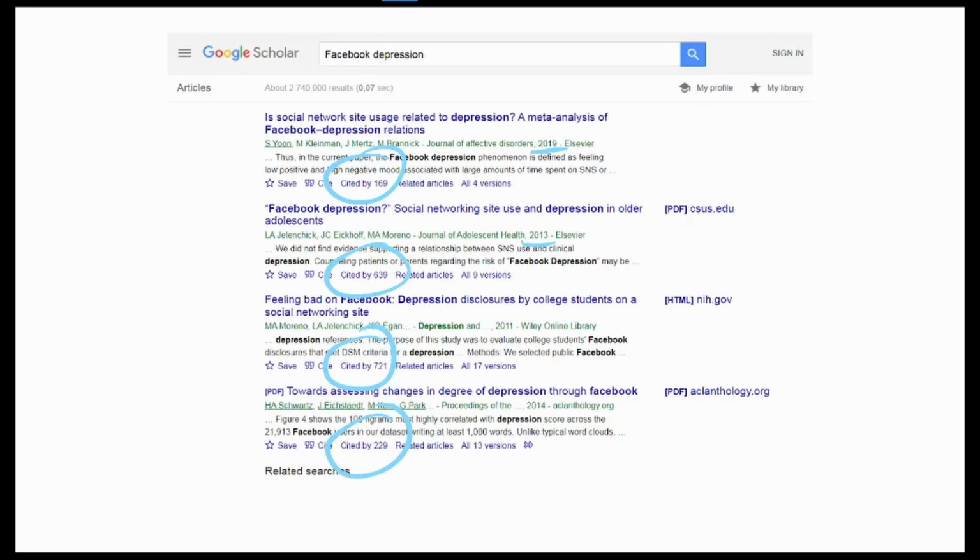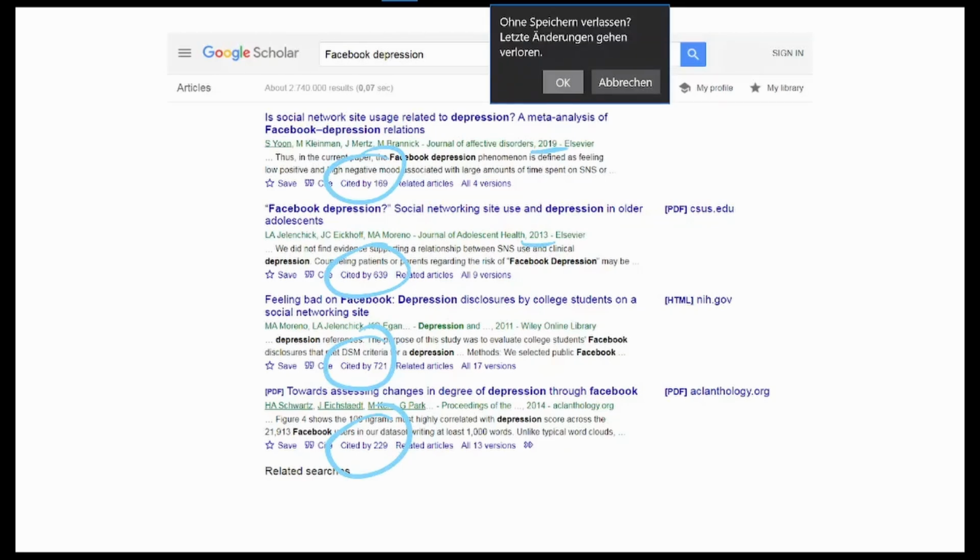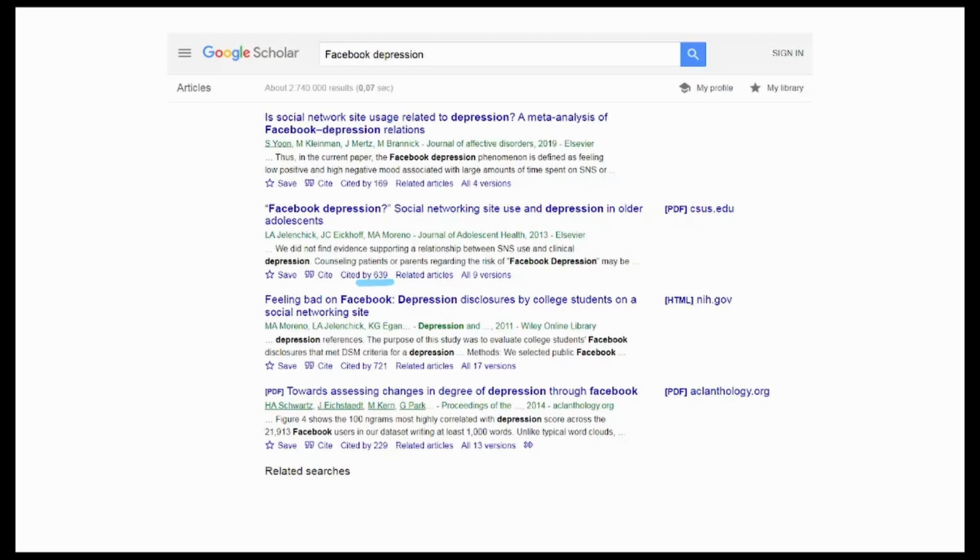There are multiple measures that you can use, but one of them is the number of citations, and I think that's going to be an important one. If you have, for example, 639 quotations, you can be almost sure that it's a good indicator this is a good source. You can use any filter you can have.